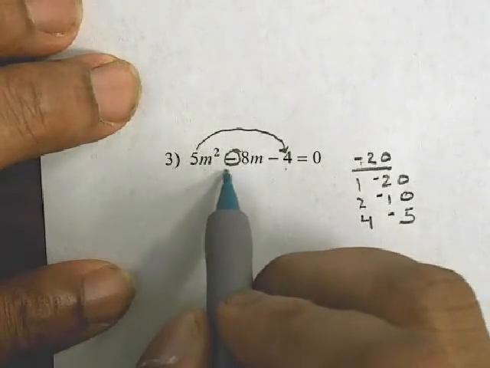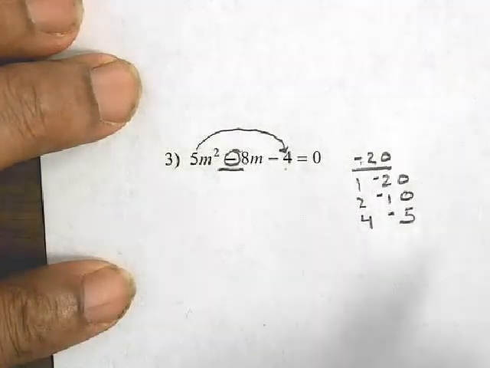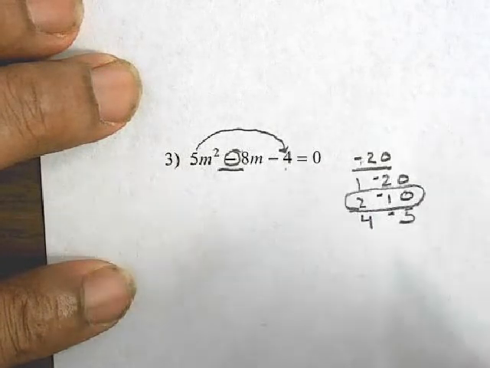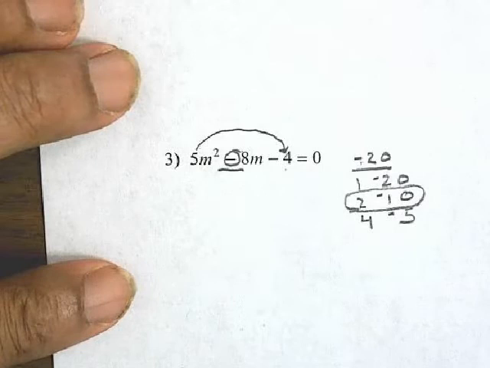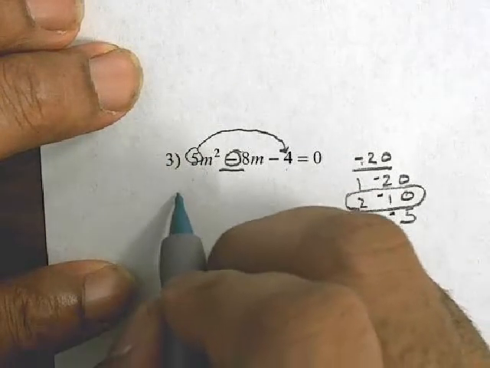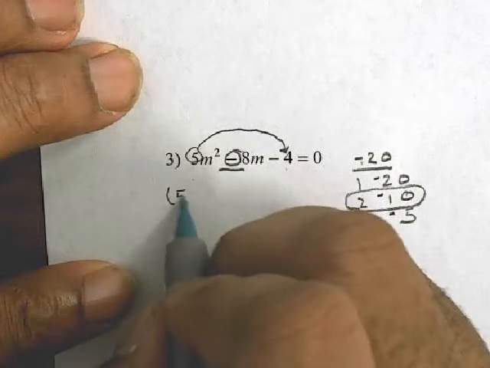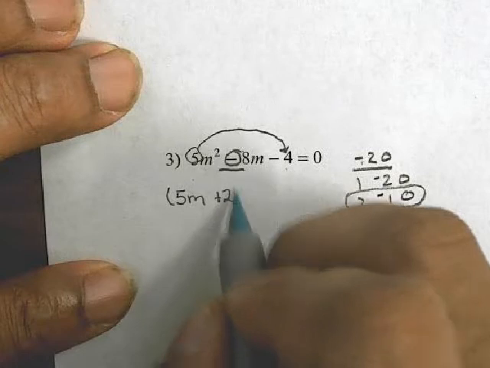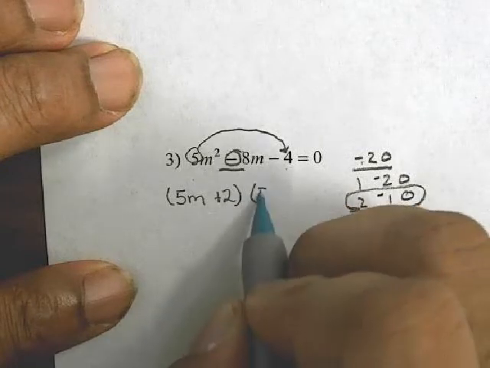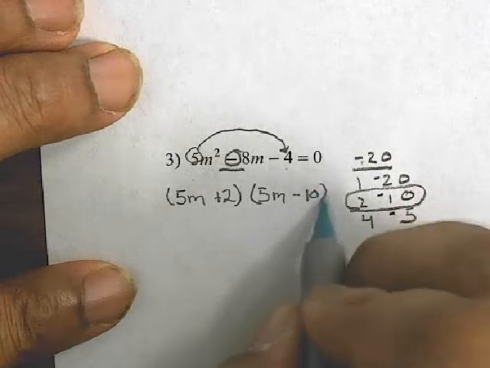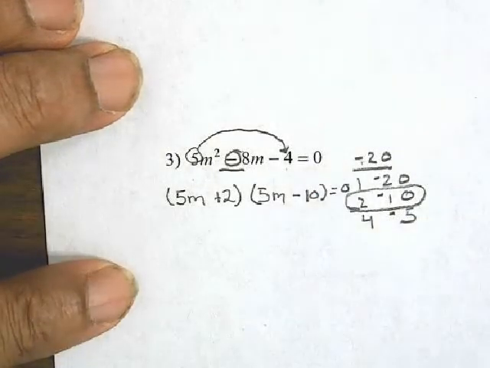Now we got to find the two factors that add up to negative 8. So we have 2 and negative 10. But remember, we start with 5. So we're going to start with 5m plus 2 times 5m minus 10 is equal to 0.